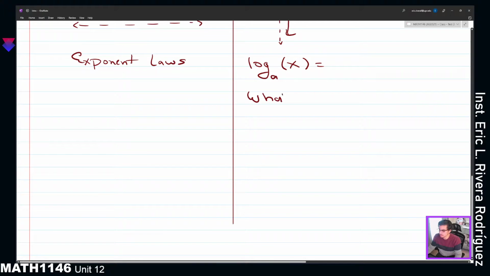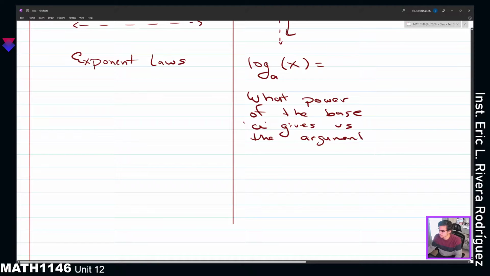What power of the base a gives us the argument x?